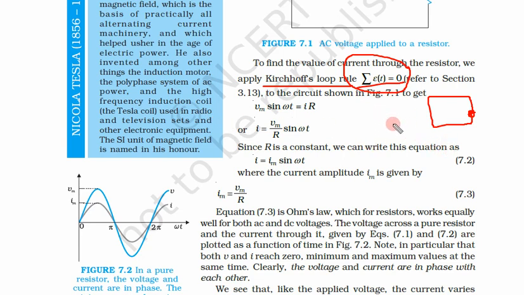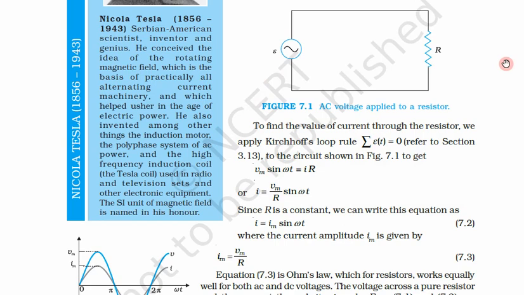So how do we apply it here? Again let us see this figure. This is our figure. This is the AC source, generating V of t, or Vm sin omega t. The current flowing in the circuit is I, and this resistance is R. So how do we get that?